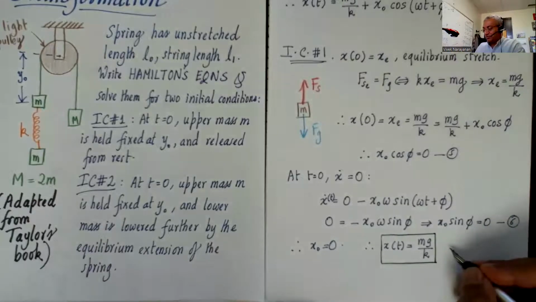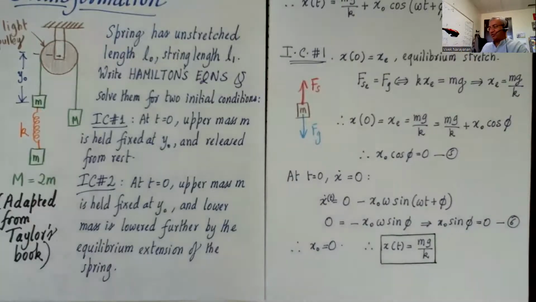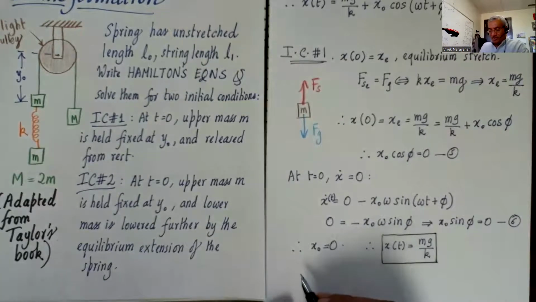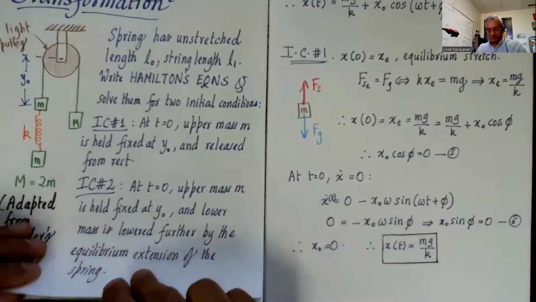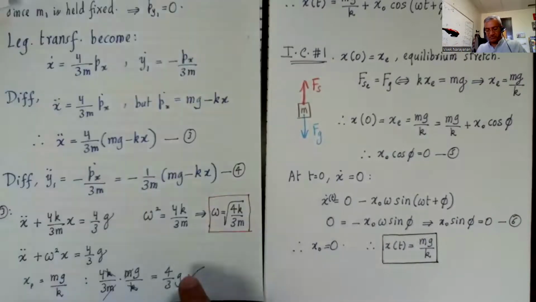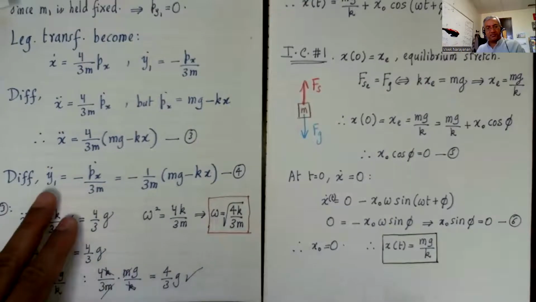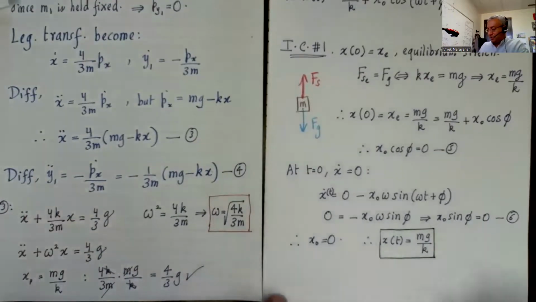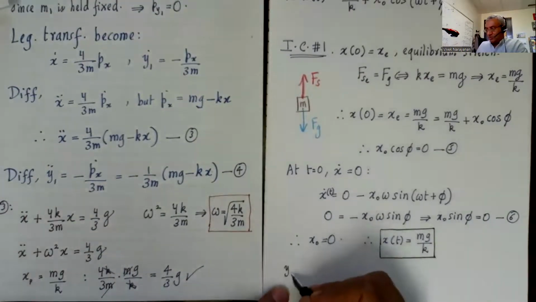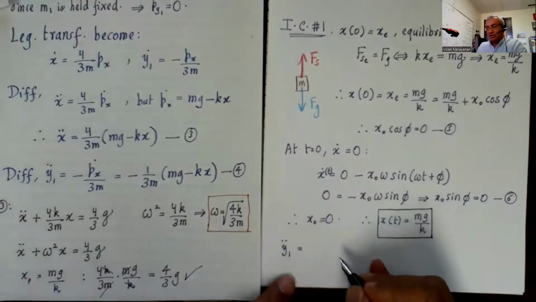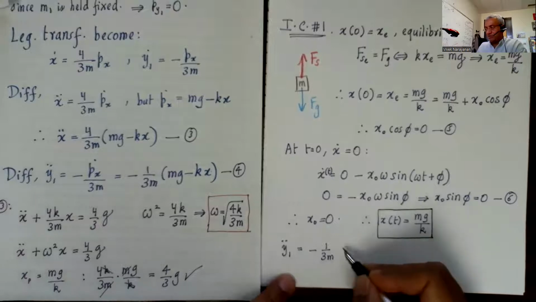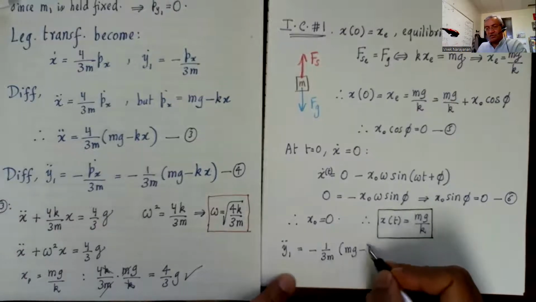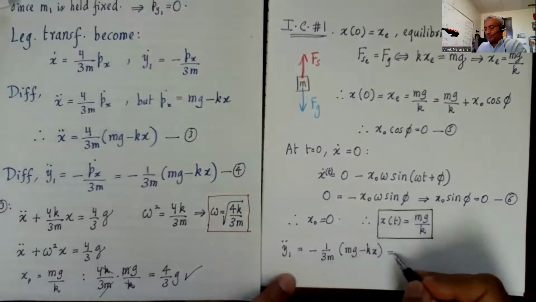So everything remains the same at all times. Now let's go back to the y equation. That was here. Let's look at that. Y1 double dot is negative 1 over 3m times mg minus kx. And x is that.